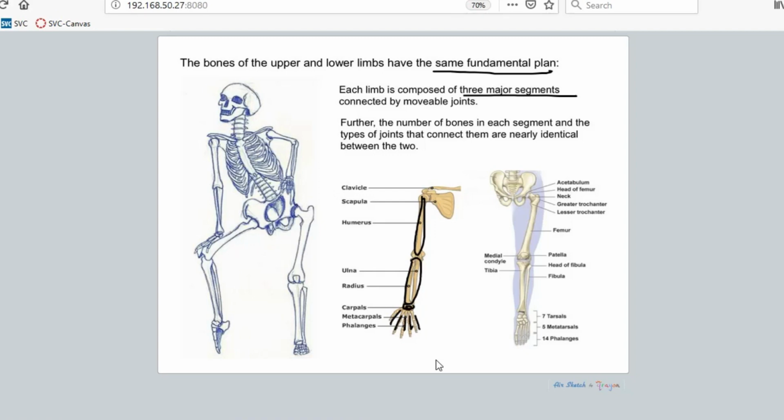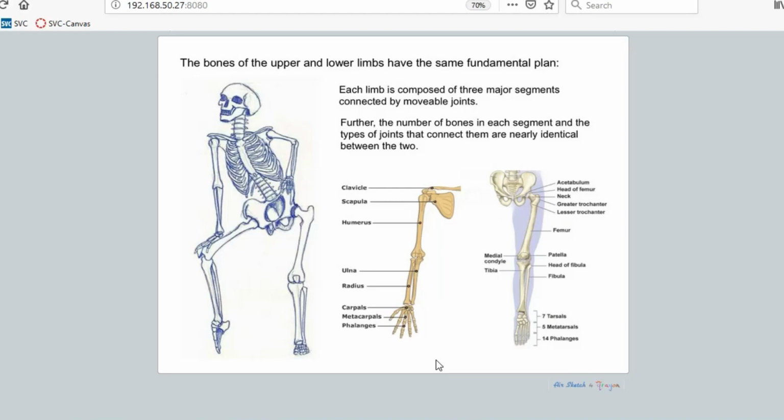So this is our first segment, second segment, third segment. And the same applies to the lower limbs. We have an upper part of the leg, the femoral region. We have the lower part of the leg, and then we have a set of ankle bones and the feet. So again, the three same major segments.